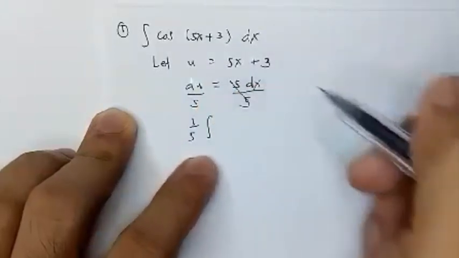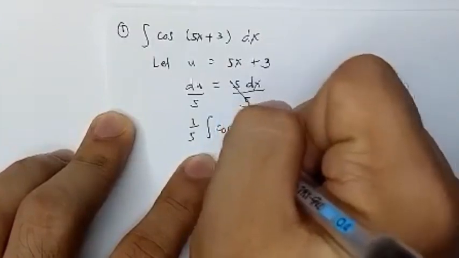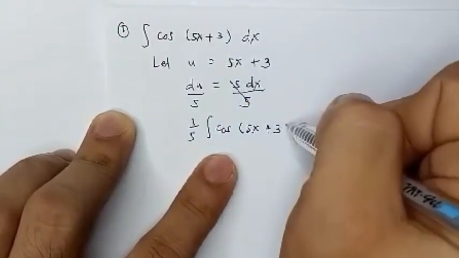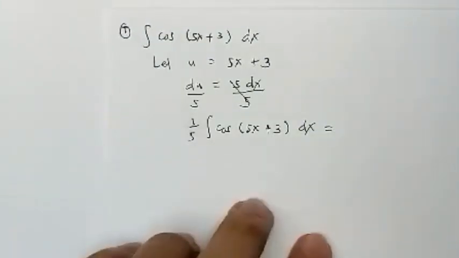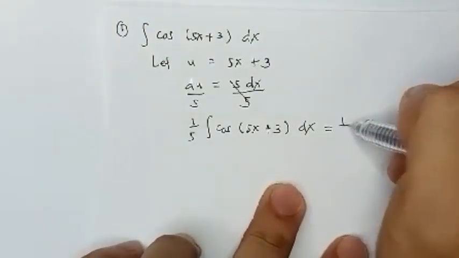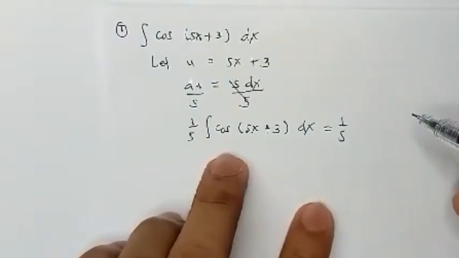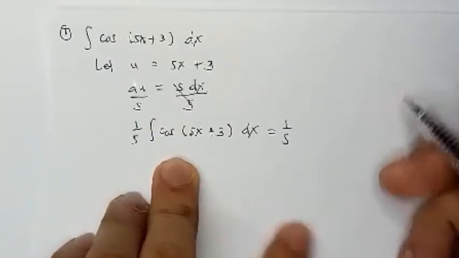So 1/5 times the indefinite integral of, from our given, cosine quantity 5x plus 3 dx equals, of course, 1/5 times, and what is now the integral of cosine? The integral of cosine from our formula is simply sine.